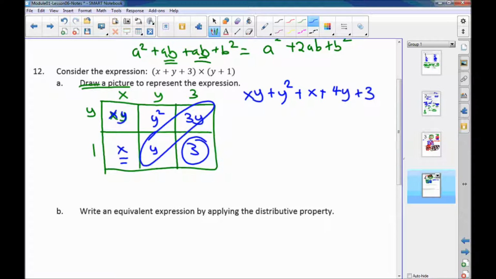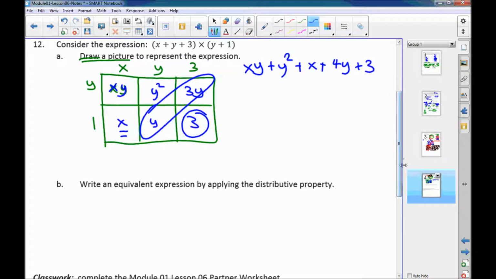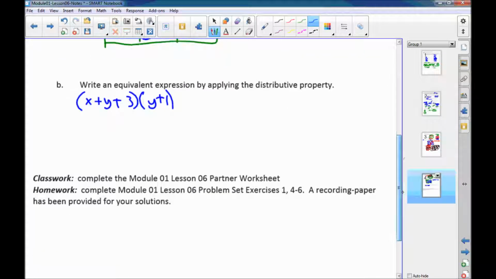Now, we're going to do this same problem, but with the distributive property. So let's write it over again. X plus y plus 3 times y plus 1, okay? And I'm going to distribute this thing to both the y and the 1. So we're going to get y times x plus y plus 3.